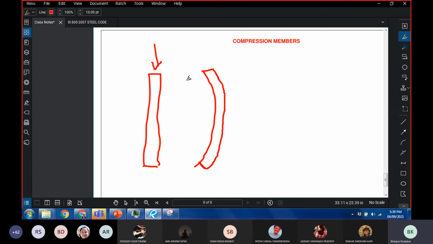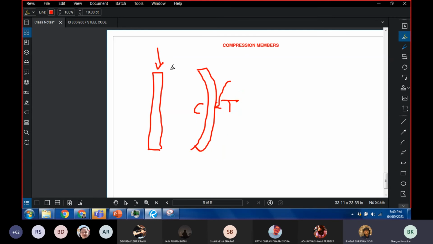So there is compression here and there is tension here. So why is it that we are looking only at it as a compression member and not as a tension member? Yeah, when it's buckling, it's still undergoing tension in some parts, right?